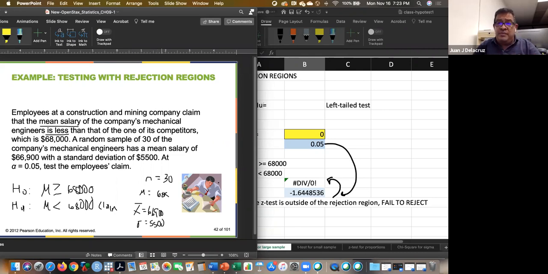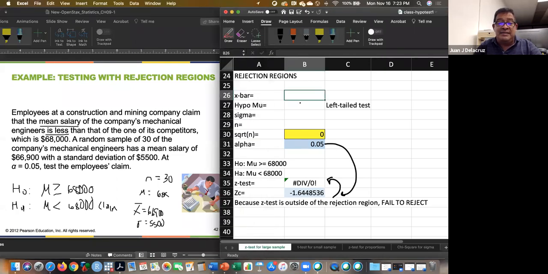So I'm almost about to finish. So we have this random sample, we have a mu, we have a sigma, and we have a sample mean. So here the sample mean is 66,900. The hypothesized mu is 68,000. So sigma is going to be 5,500, and the sample is equal to 30, right?